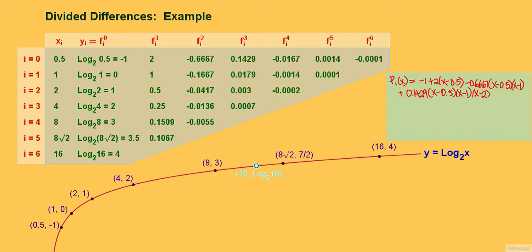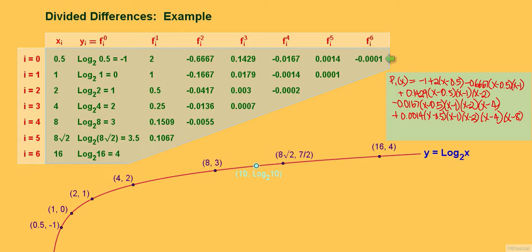Do you see a pattern? You should be able to guess what the next term should be. It starts with minus 0.0167, and then multiplied by x minus 0.5, x minus 1, and then x minus 2, and then x minus 4. Then we have 0.0014 multiplied by x minus 0.5, x minus 1, x minus 2, x minus 4, and x minus 8.